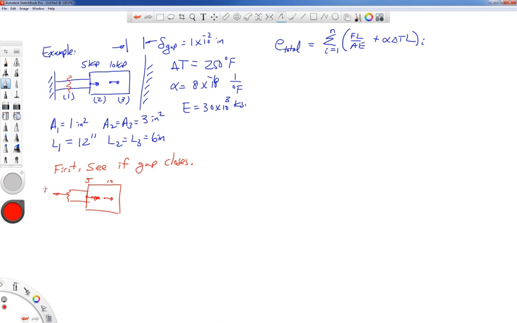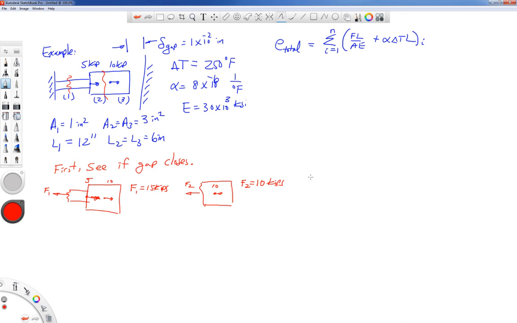So force 1, I think we can see very easily, F1 is going to be 15 kips. Cutting inside section 2, drawing everything to the right of section 2, we're going to see that F2 is equal to 10 kips.